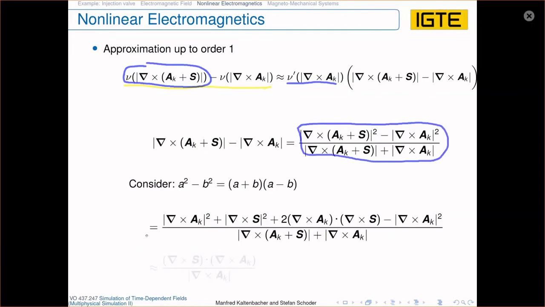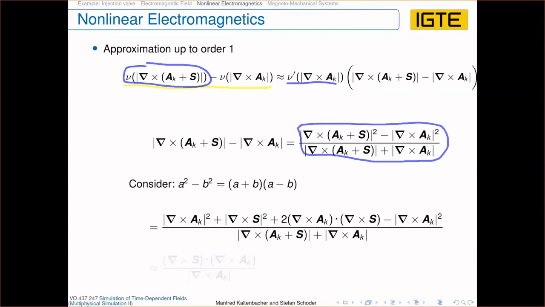So we have the same denominator, but in the numerator we evaluate this square. So we have the curl of AK squared plus the curl of S squared minus 2 times the curl of AK dot curl of S, minus clearly the remaining term, which is the part here.